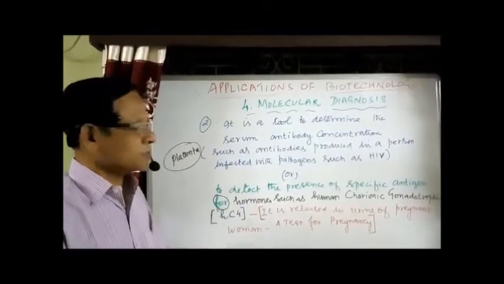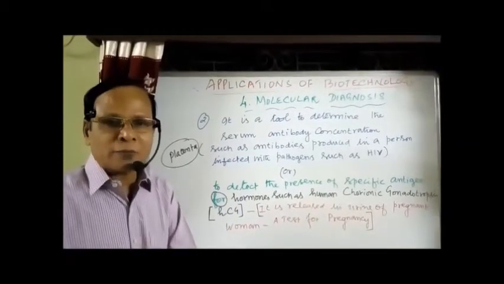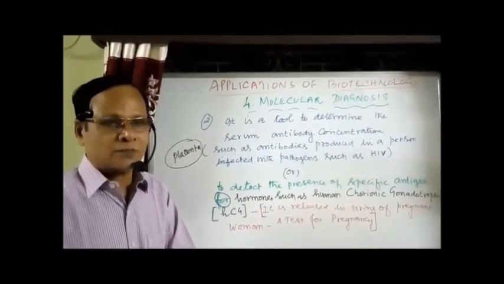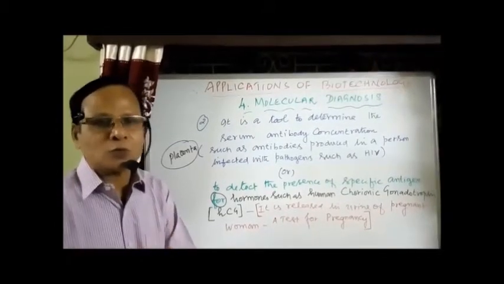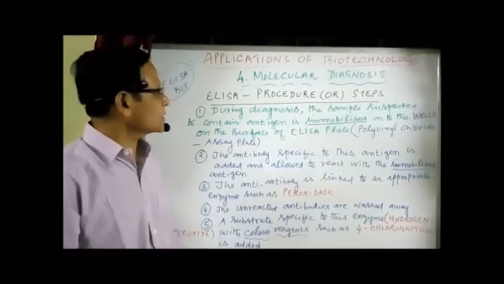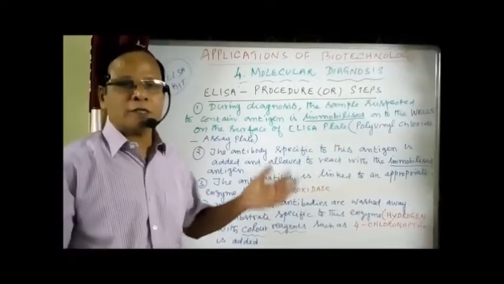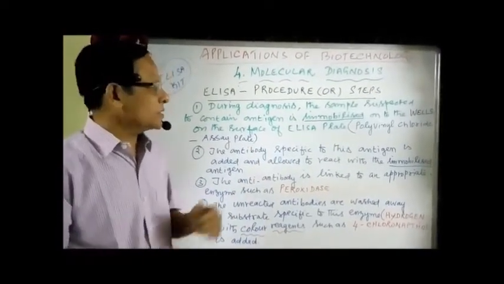That's about the importance. Now we have to go to the mechanism of the ELISA test. What are the steps involved? Let's see the steps involved during ELISA. It's an assay test.